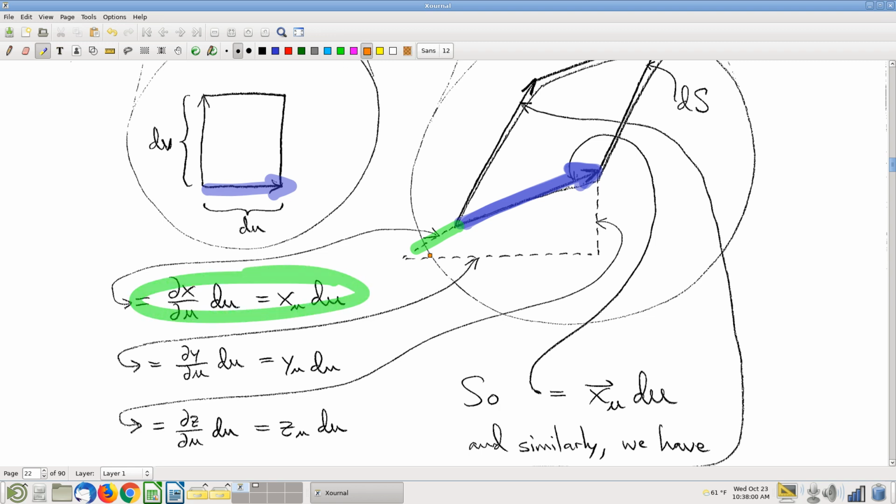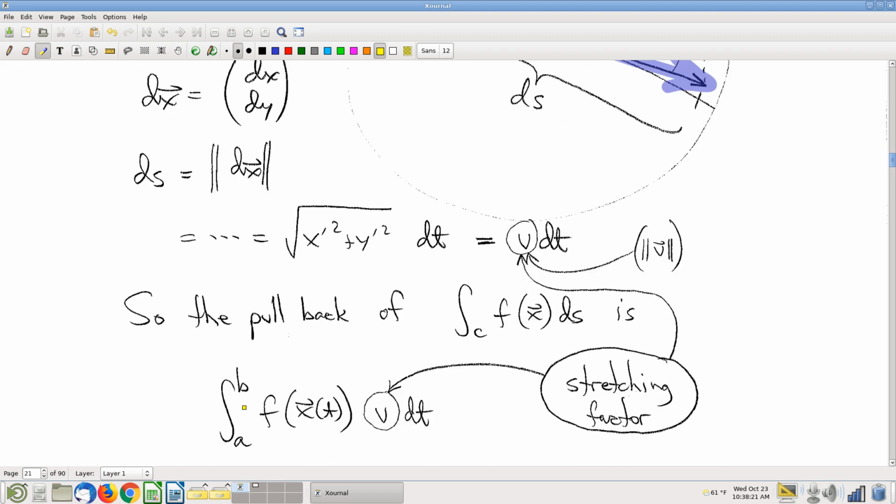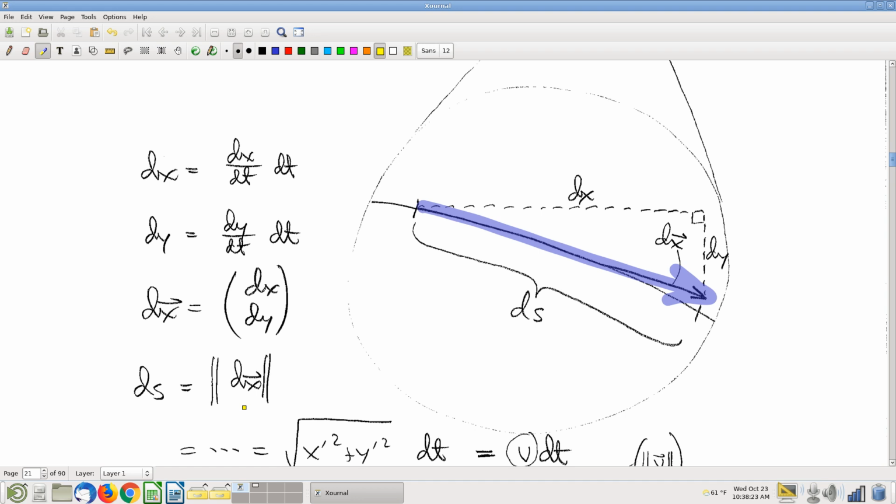Similarly, the change in y as u changes and v is held constant. It's another partial derivative problem. And then finally, the change in z as u changes and v is held constant. Another little partial derivative problem. So you just write them down. I mean, it's really the same thing that we did back here. It's just that now there are 3 coordinates instead of 2.